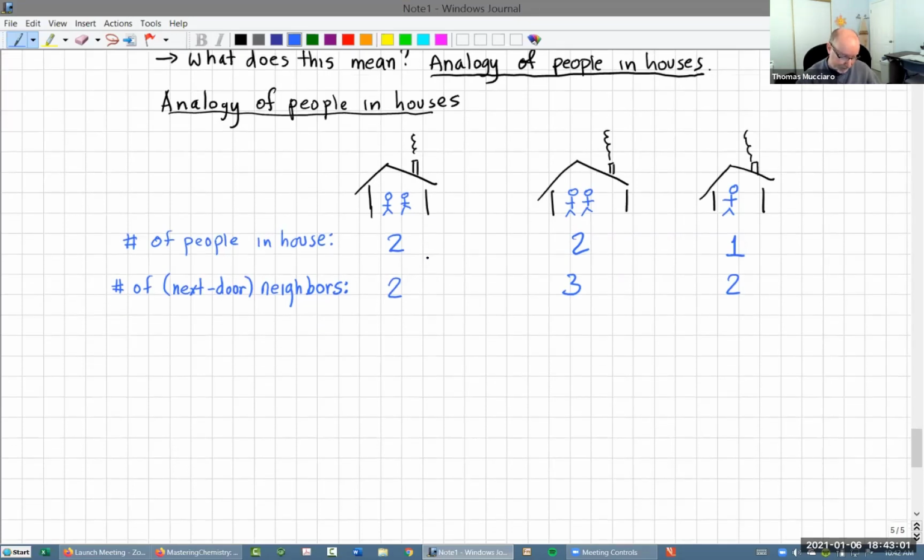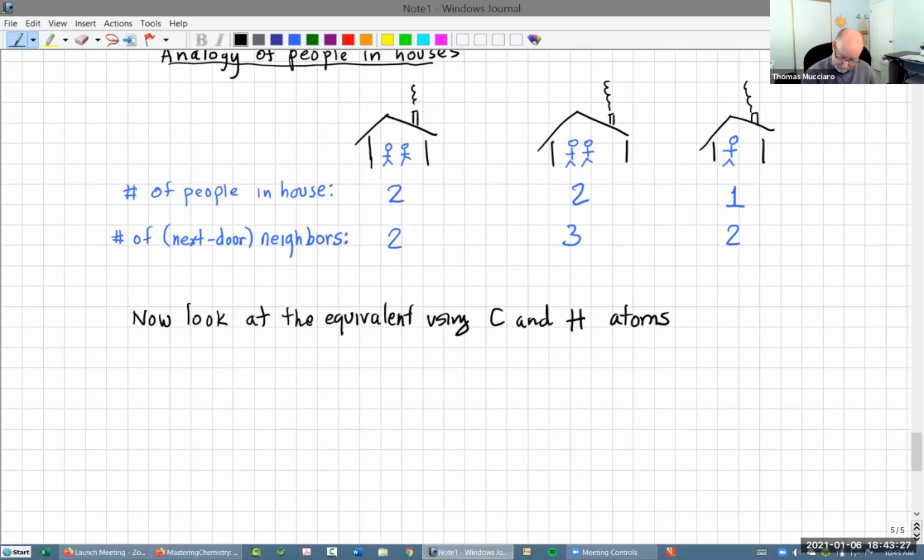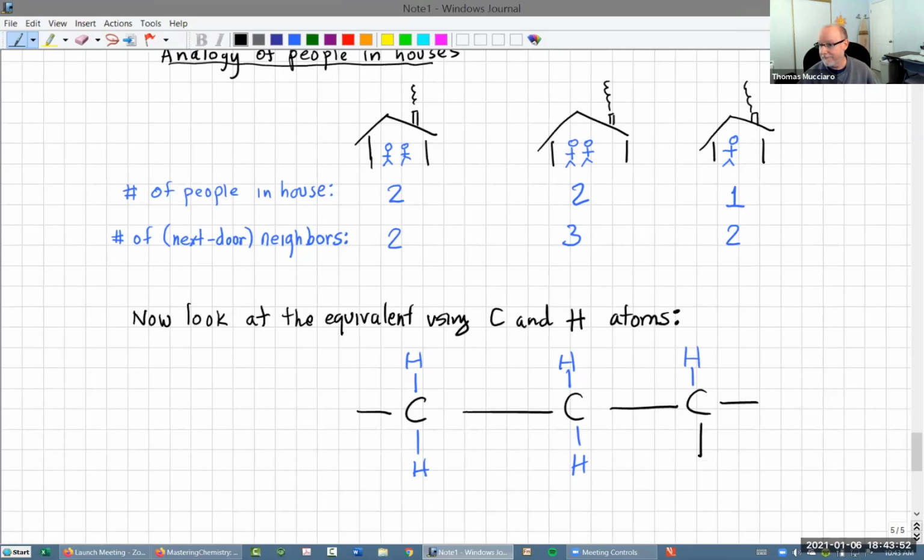Okay, so what we're going to do then is look at the exact same thing, but now instead of drawing houses and stick figures, we're going to use carbons for the houses and hydrogens for the people. Okay?